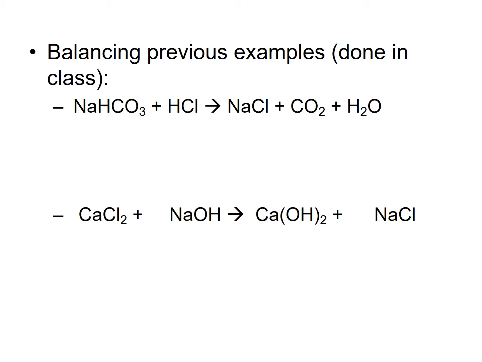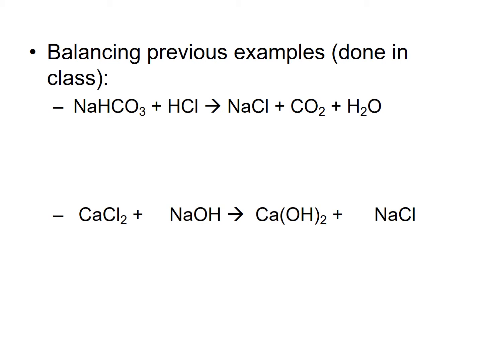So I'll go through some of the other examples I showed. This particular equation shows baking soda in acid, and I look at this and I see that it's balanced as it is. We'll look at the sodium atoms.